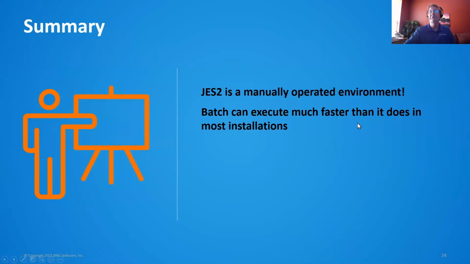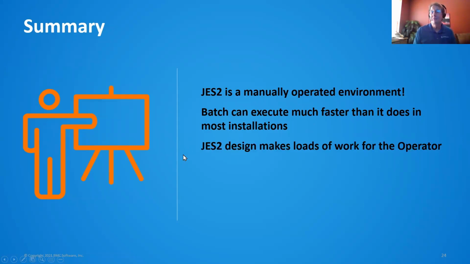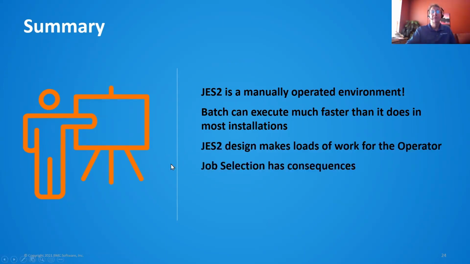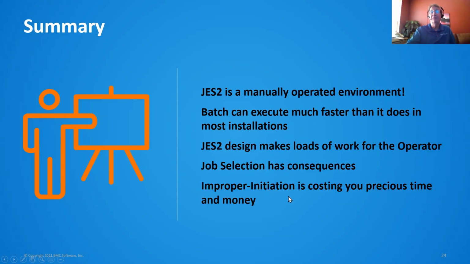You're getting the job done, but it might be costing you in the long haul. The design of JES2 makes an awful lot of work for the operator. Gee, it must be manual. Job selection has consequences. And again, improper initiation is costing you precious time and money, period.